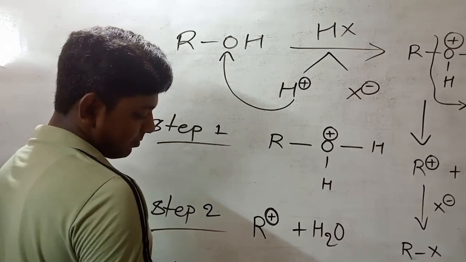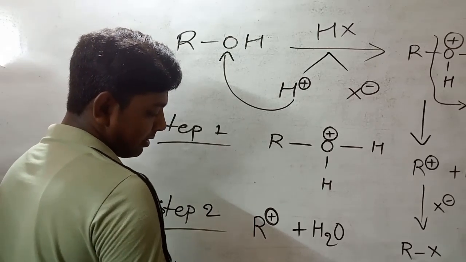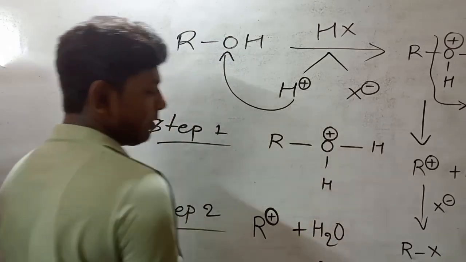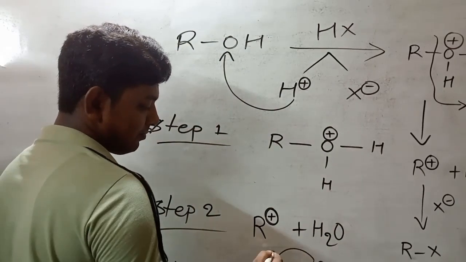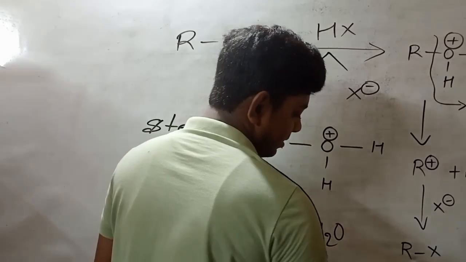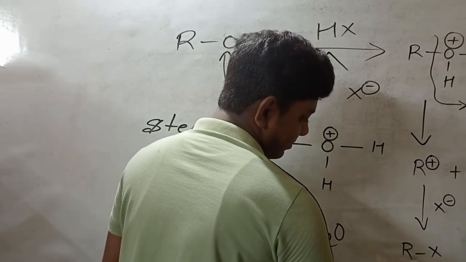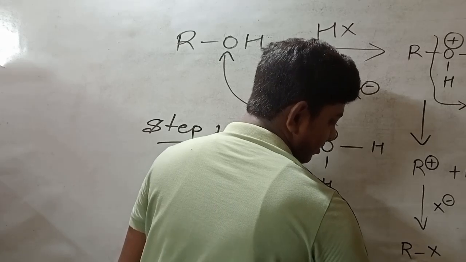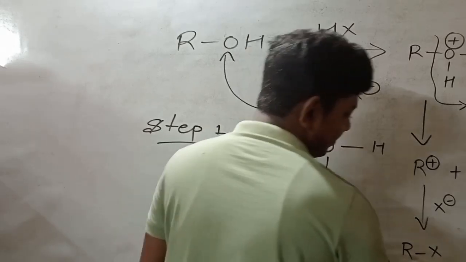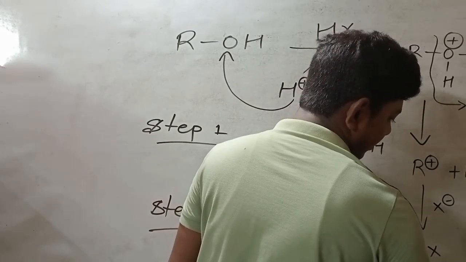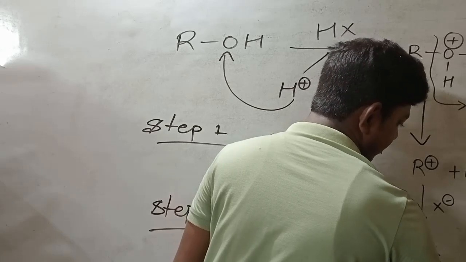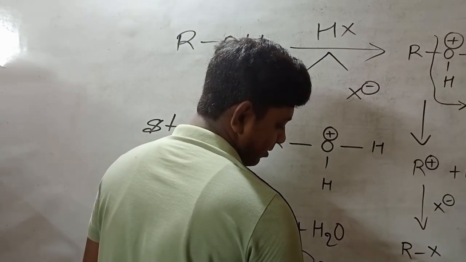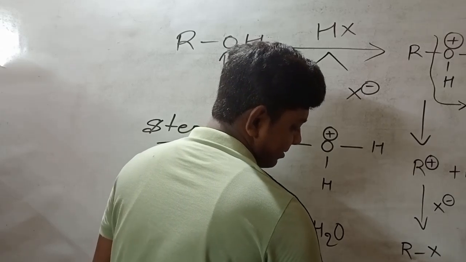So alkyl positive reacts with halogen negative atoms, they form RX. This is called alkyl halide. This alkyl halide is known as haloalkanes.